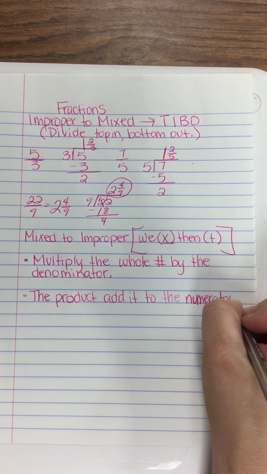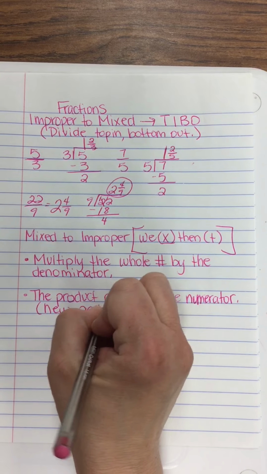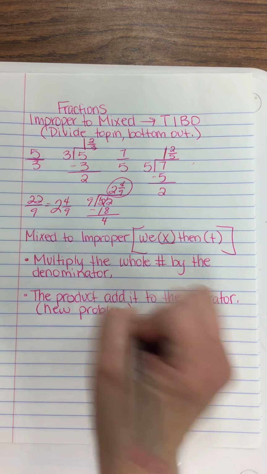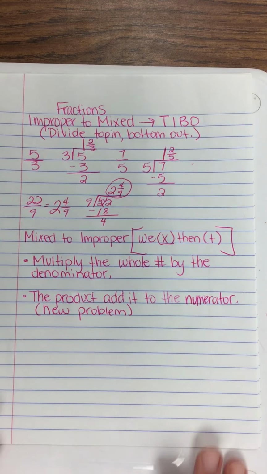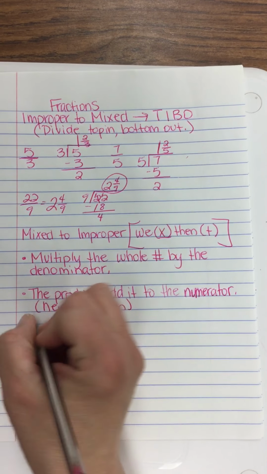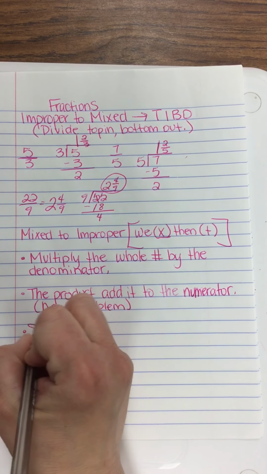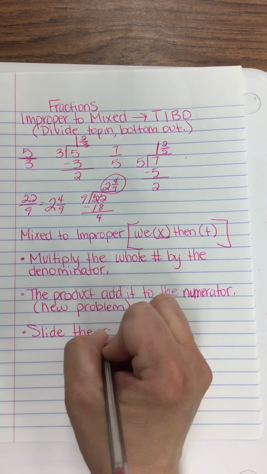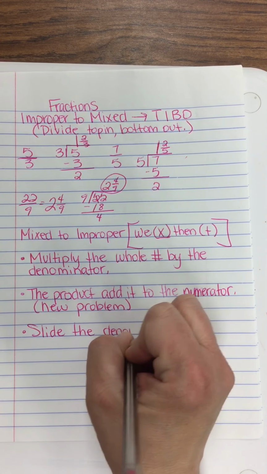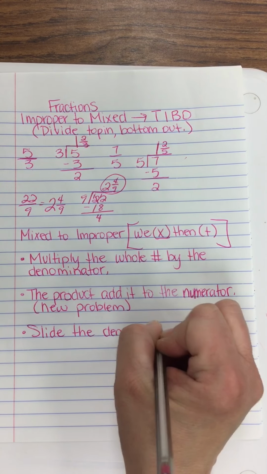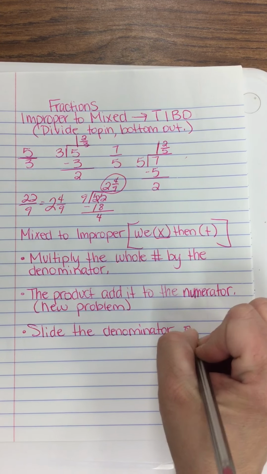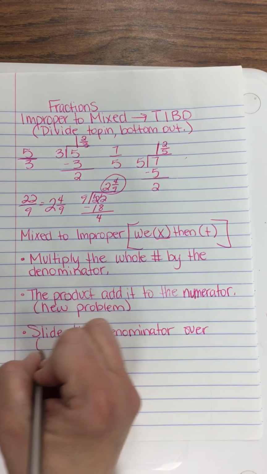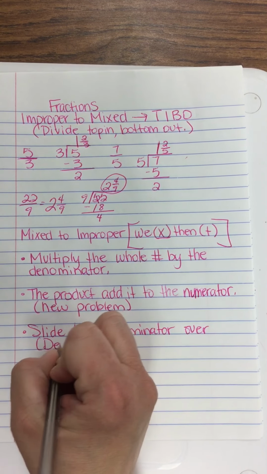Okay, this will be your new problem. And then finally, the last thing that we're going to do is slide the denominator over. So the denominator should stay the same.